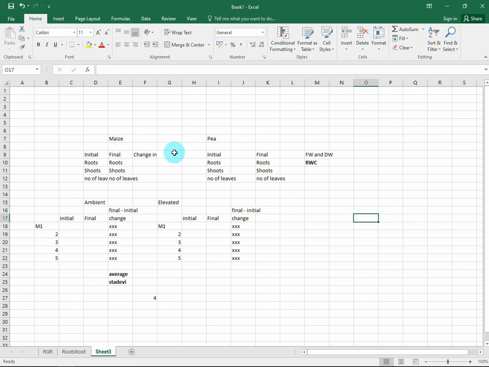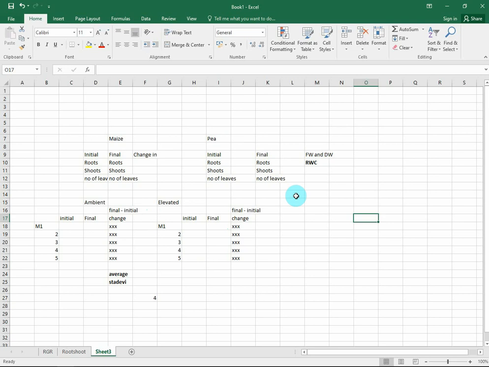So this is comparing between ambient and elevated only within the species. Great, fantastic. But the point of this study was increasing atmospheric CO2 concentrations to maize and pea to see which one, the C3 or the C4, grew better. So, this is all great and well. We can tell which one performs better under ambient or elevated.